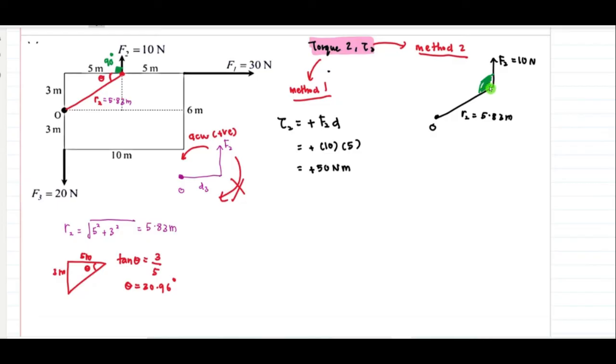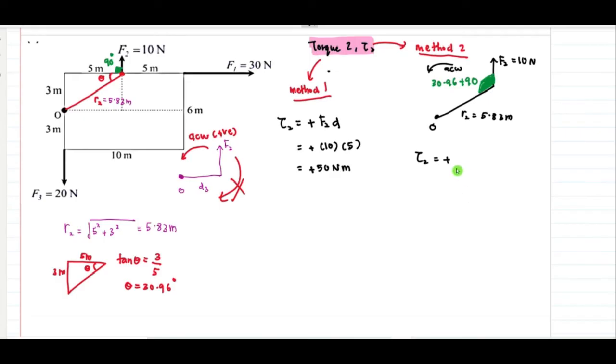Okay, ada yang suka macam ni kan, dia terus tengok pada angle antara R2 dan F2. So the angle here should be 30.96 plus 90 degree. So bila saya tulis torque 2 is equal to positive, and this is the anti-clockwise direction.